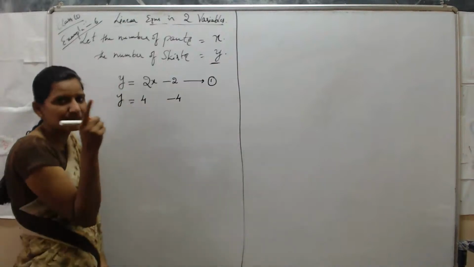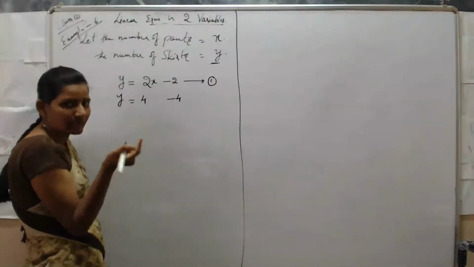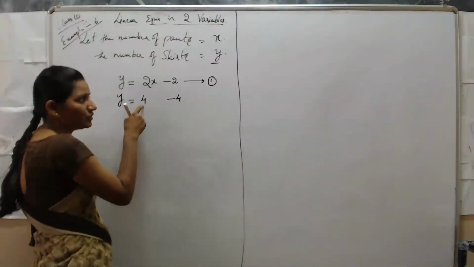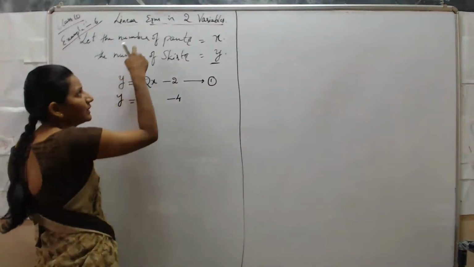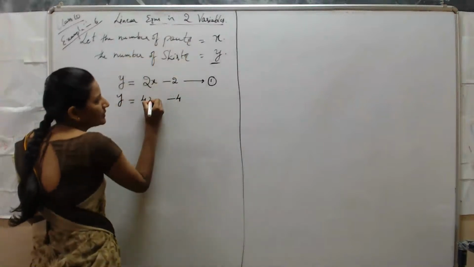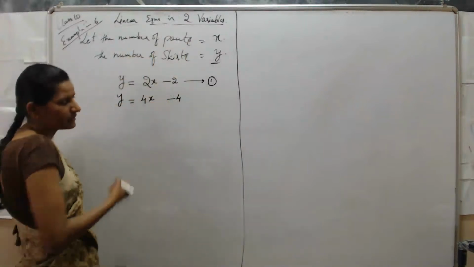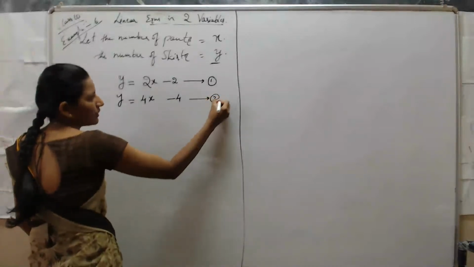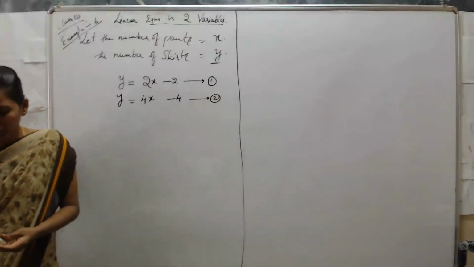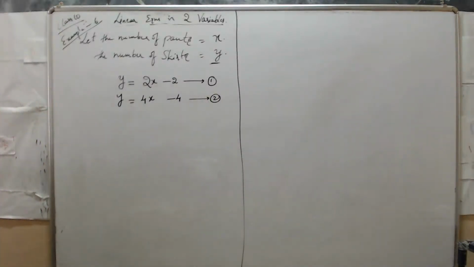So multiply 4 times the number of pants. This is the second equation. So now we wrote both the equations. Now what we have to do? We have to solve.